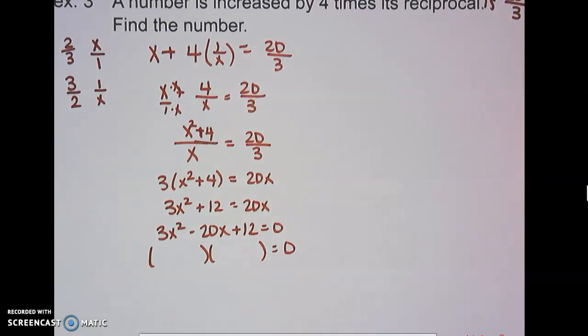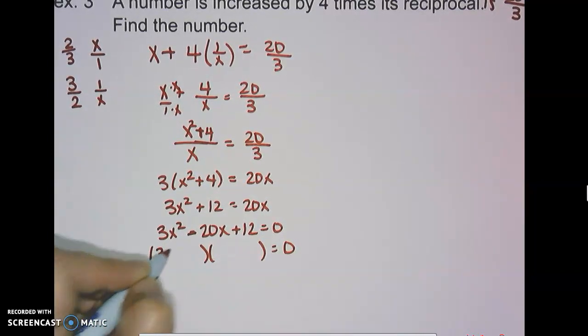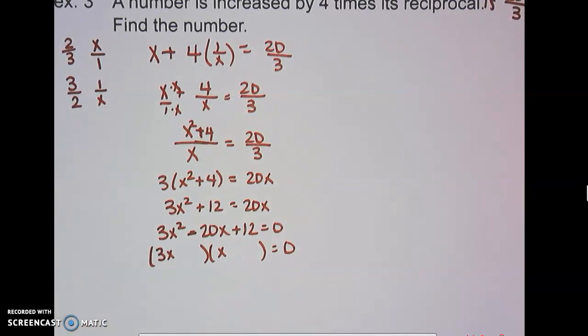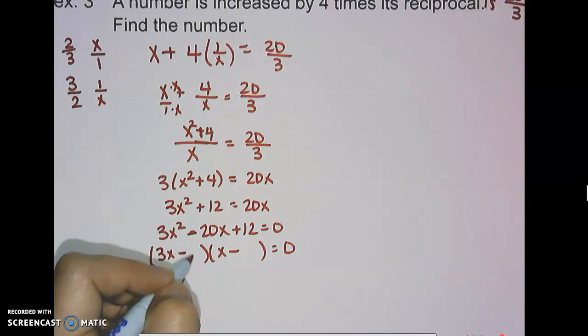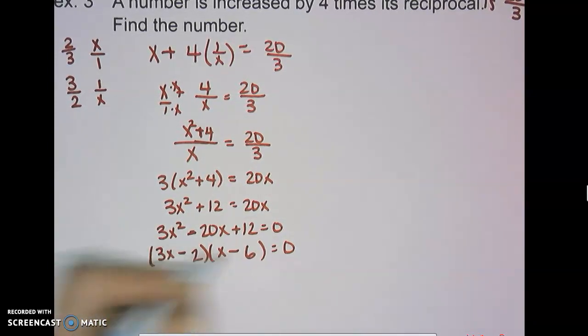However, it's going to give you fractions, or you're going to be dealing with fractions throughout, so just be careful with that. To get 3x squared, we need to have 3x and x. To get the 12 in the back side, we either need to use 12 and 1, 2 and 6, 3 and 4. Since it's a minus plus, we know it's going to be minus minus. And so for this question, we're going to factor it into 3x minus 2 and x minus 6.